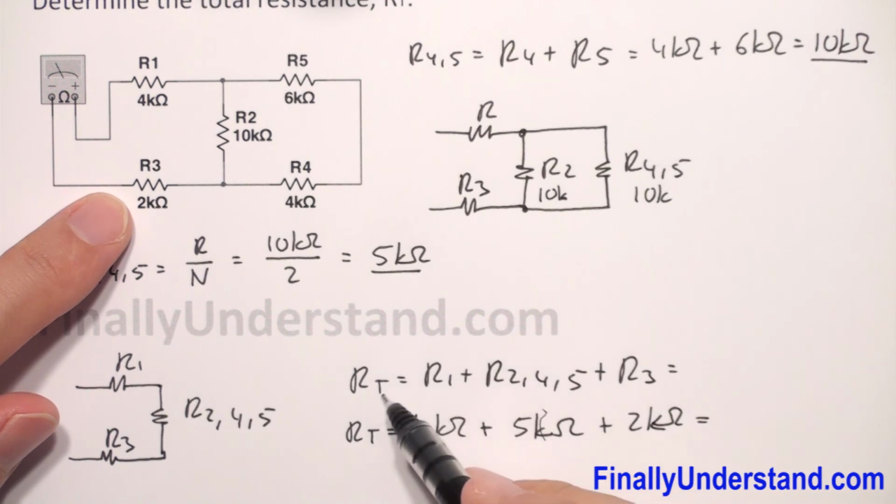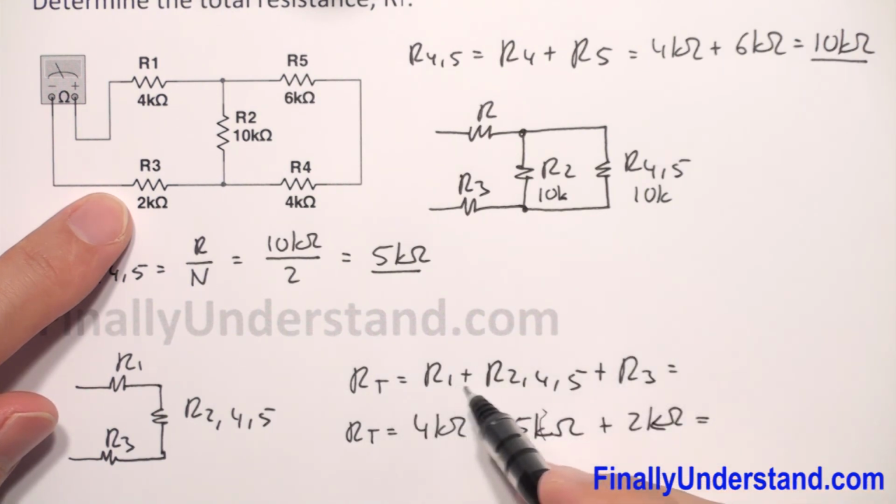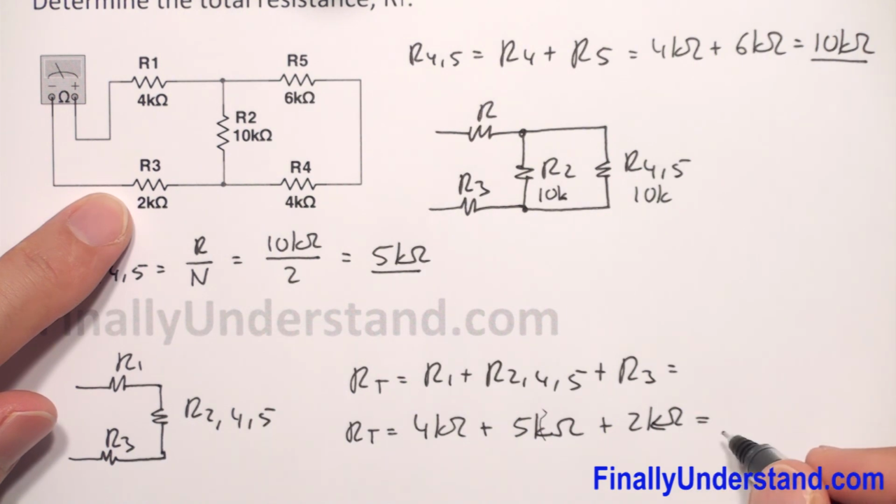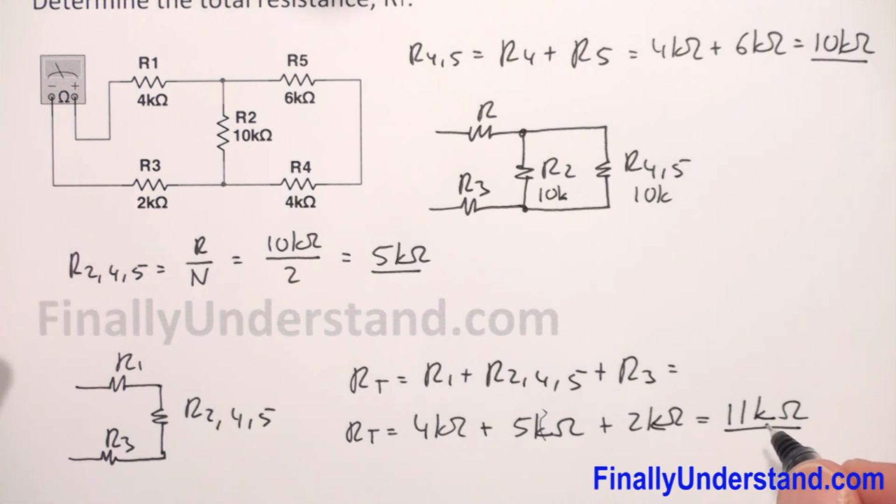Okay, so we have the formula, we substitute the variables by the values of the resistance, and we get the answer. So we have 4 kilo ohms plus 5 kilo ohms is equal to 9 kilo ohms, plus 2 kilo ohms is equal to 11 kilo ohms. And this is the solution to my problem.